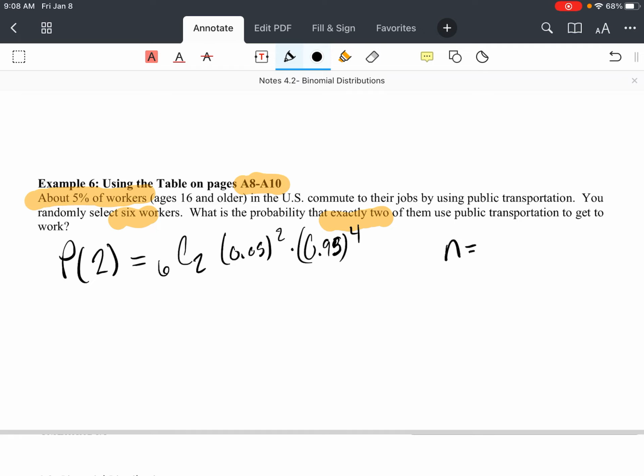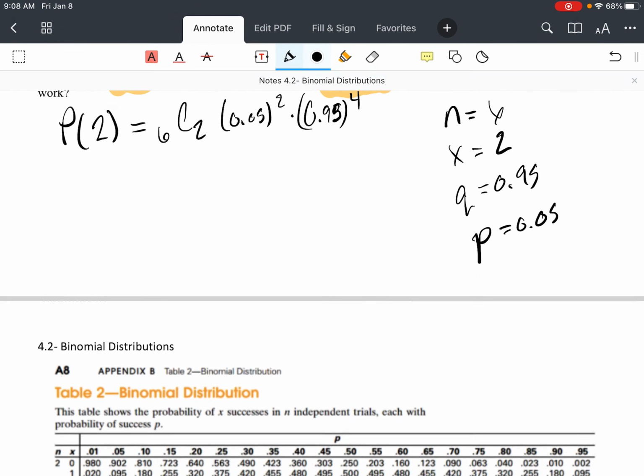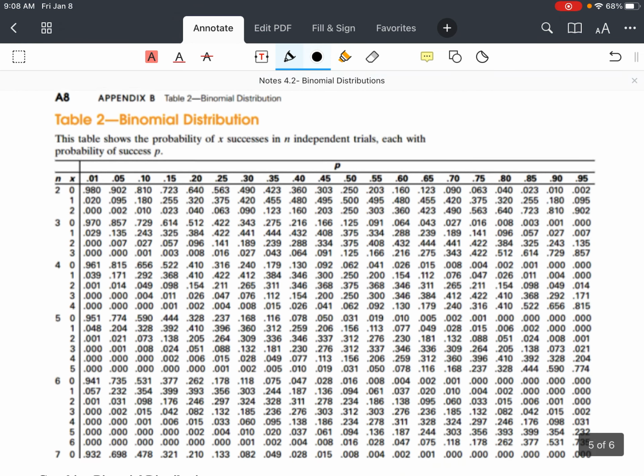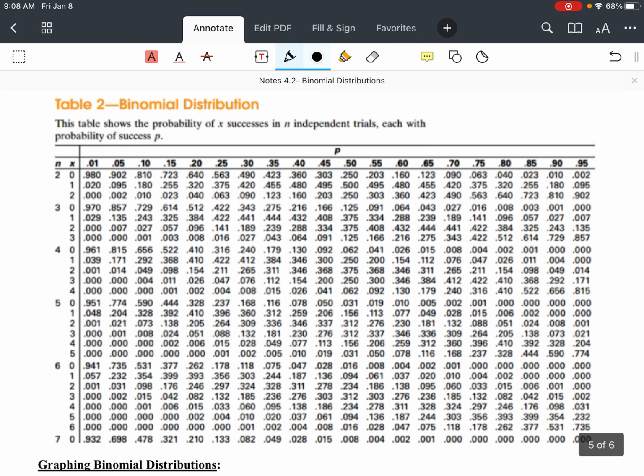Another way to do this is to again pick out your parts. So n would be 6, x is 2, q is 0.95, and p is 0.05.